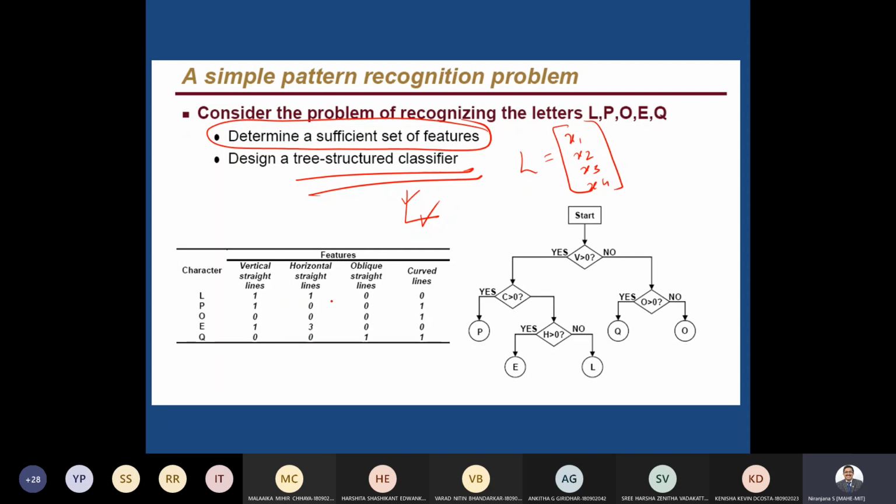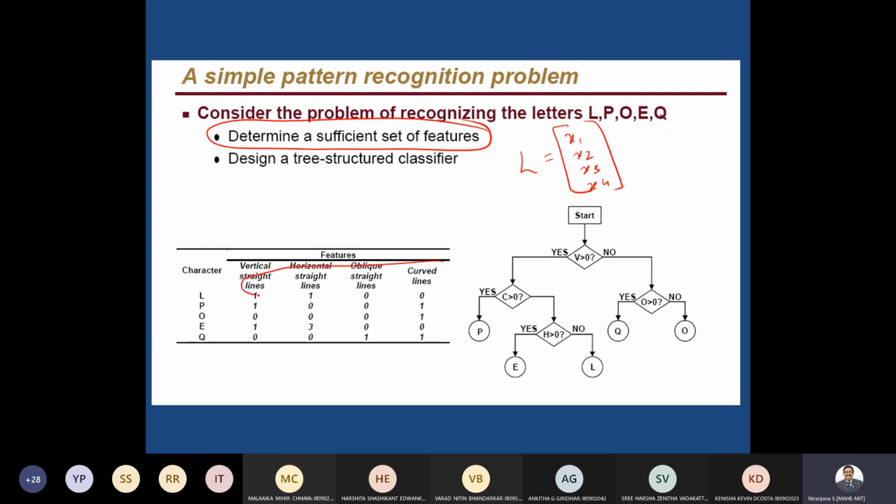So this has to be planned. Which feature you focus on in a problem has to be planned by the designer. If you are the designer realizing the solution, then you may have to plan for the given problem, which may be height of the subject or weight of the subject. You may have to decide whether a horizontal straight line, vertical straight line, oblique straight line, or curved line.